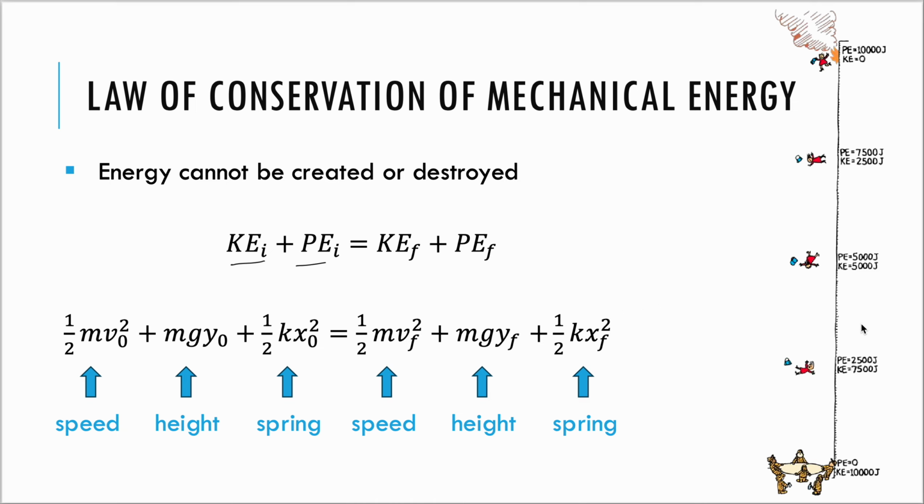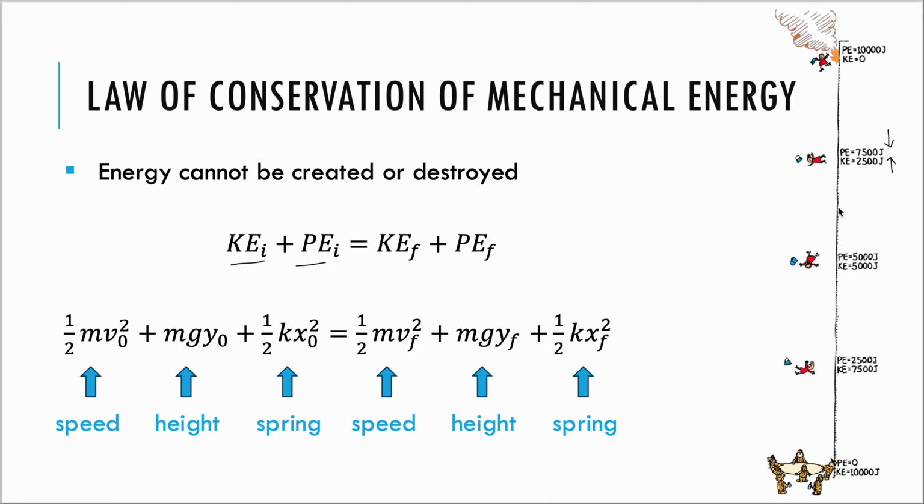In the picture on the right, we can see that a person is falling down. The sum of the potential and kinetic energy remains fixed at 10,000 joules, but we can see that as the person goes down, the potential energy goes down while the kinetic energy goes up.